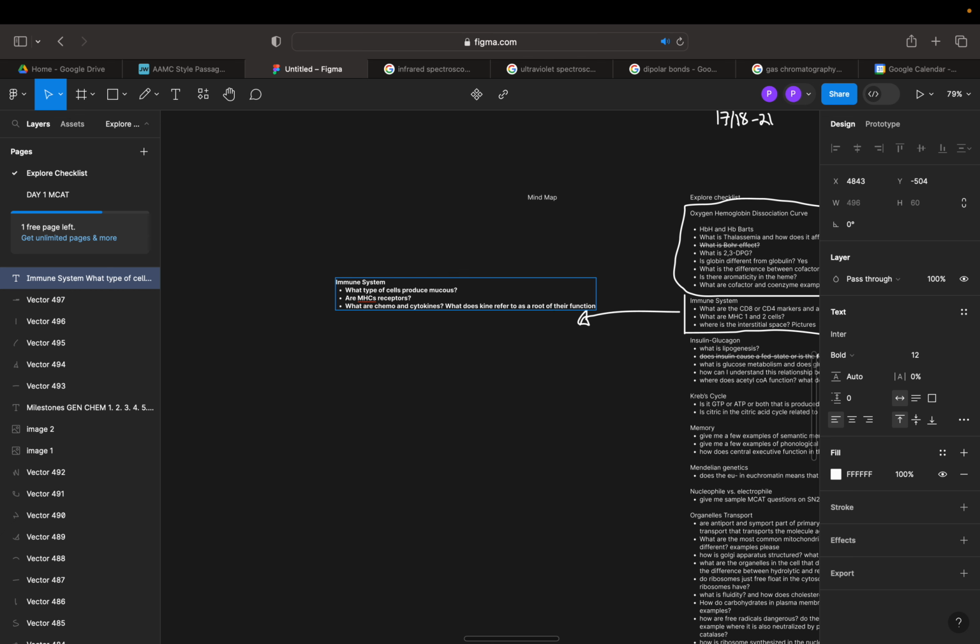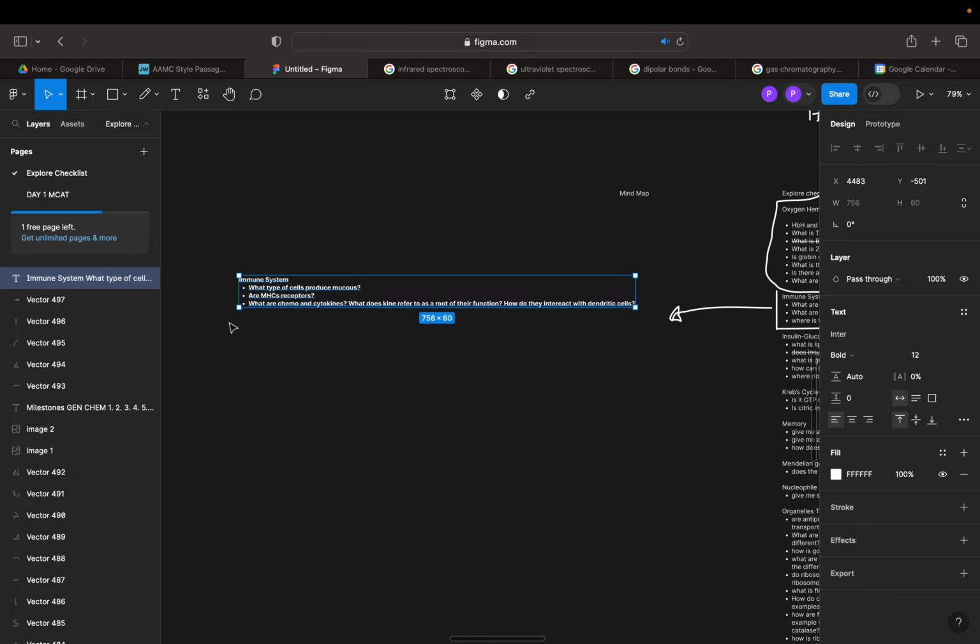Function. How do they interact? How do they interact with dendritic cells? Okay.